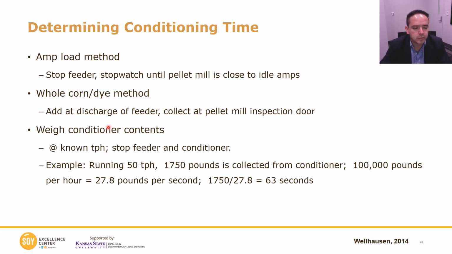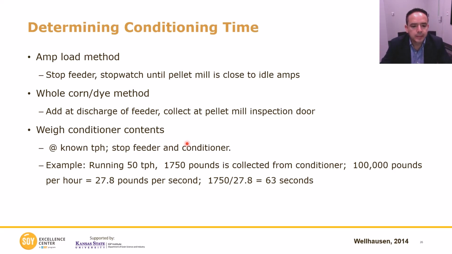At the discharge of the feeder, you add the whole corn with dye, and you collect a sample at the end of the conditioner as it is entering the pellet mill. Basically, you are putting a color here, and monitoring how long it takes for the color of that corn to get to here.